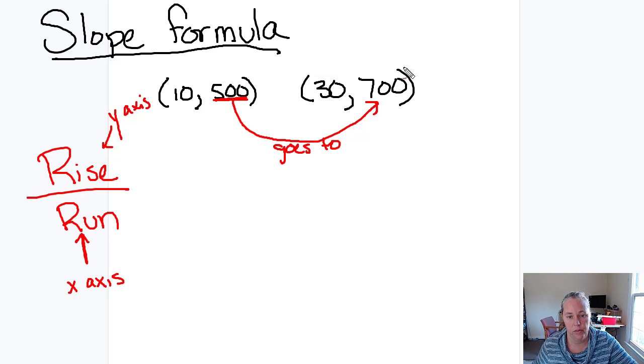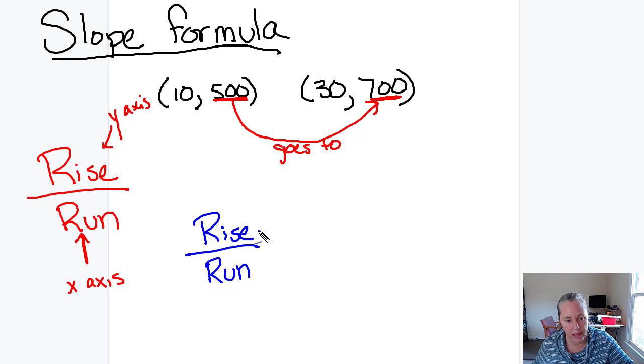Okay, so if our point starts at 500 and goes to 700, another word for rise, I'm going to just rewrite it in blue here because I ran out of room, rise over run. We could call rise change in y.